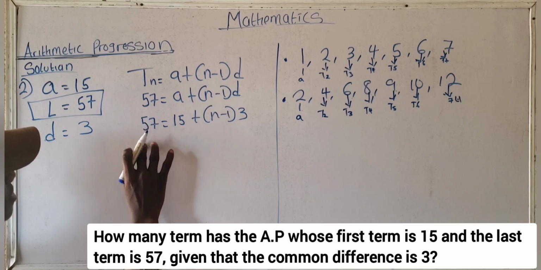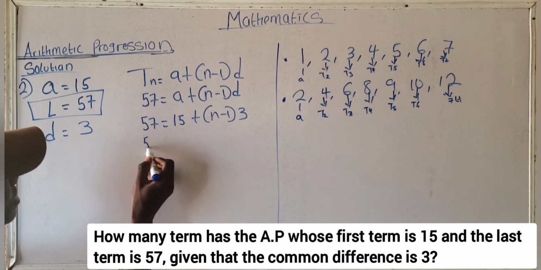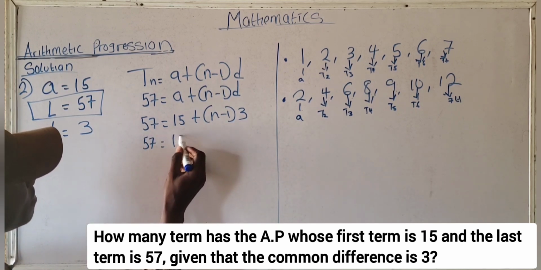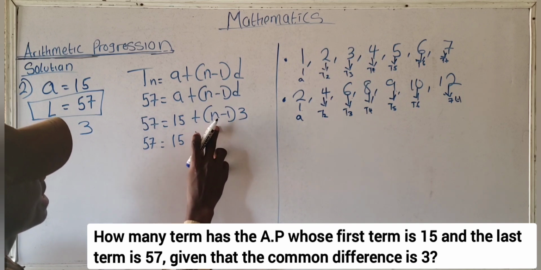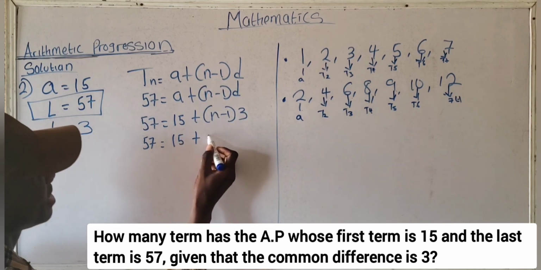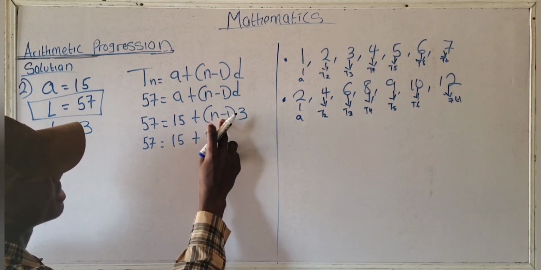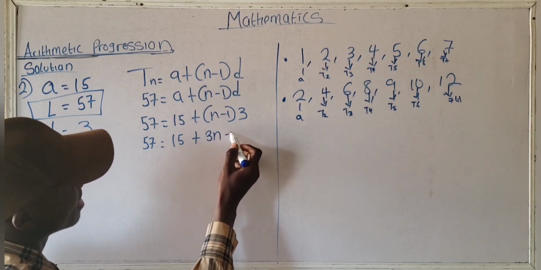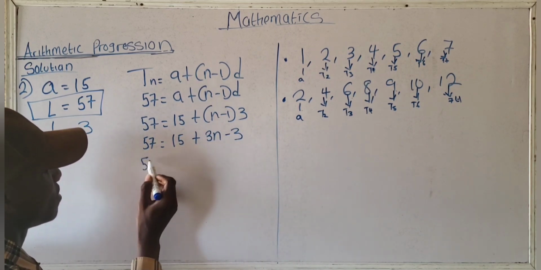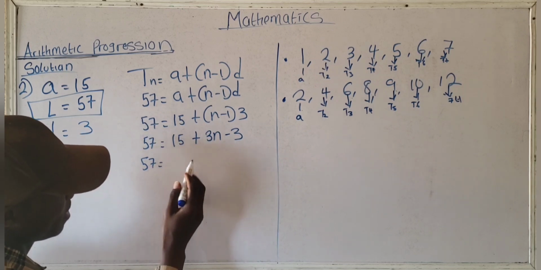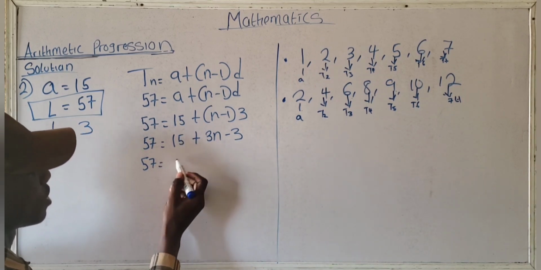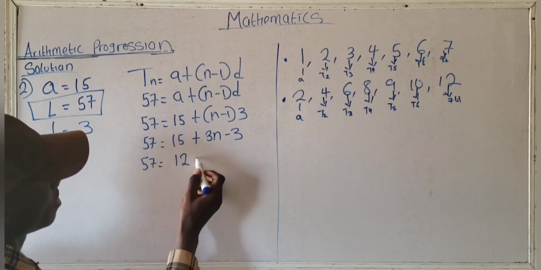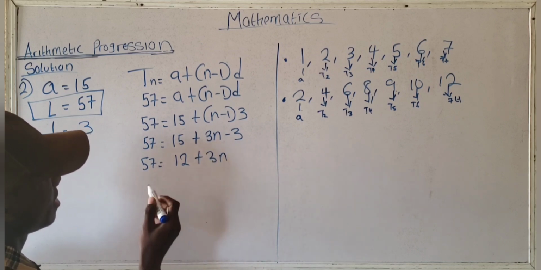So 57 equals 15 plus 3 multiplied by n, that is 3n. Negative 1 multiplied by 3, that is negative 3, okay? So 57 equals 15 minus 3, which is 12. So I'm going to have 12 plus 3n.